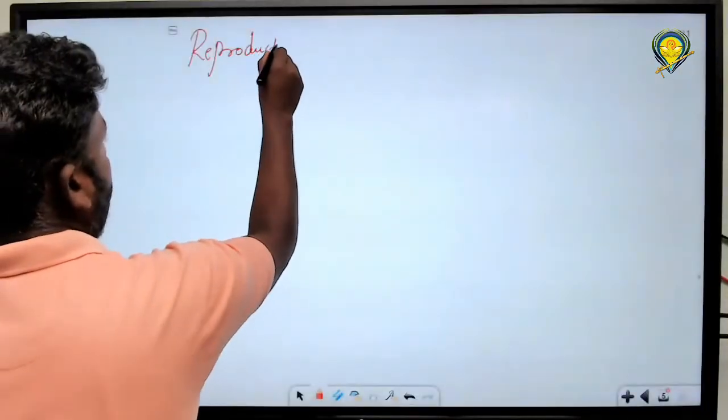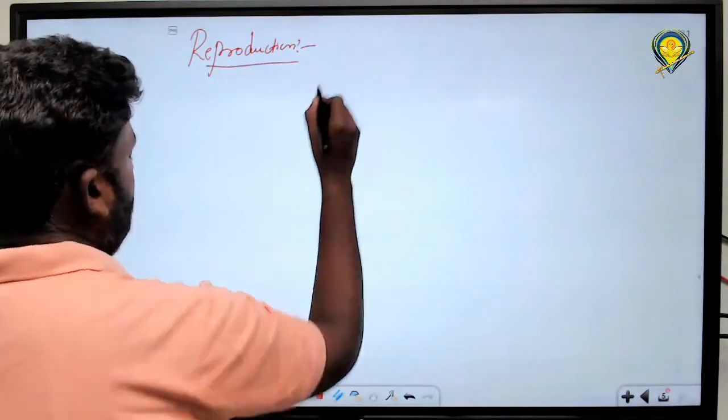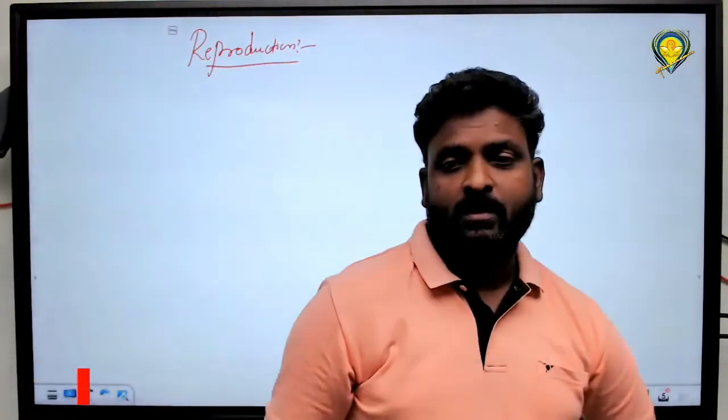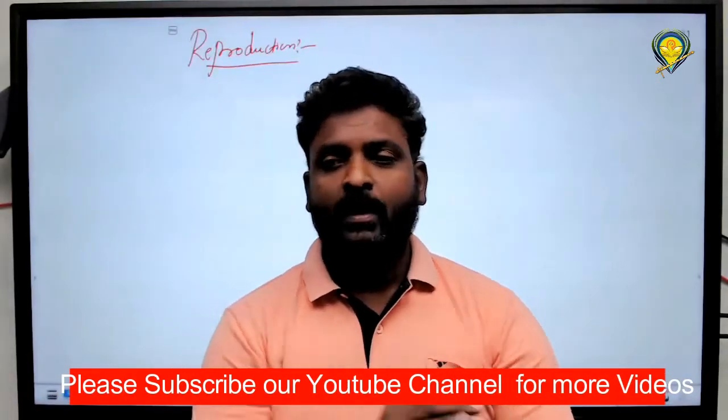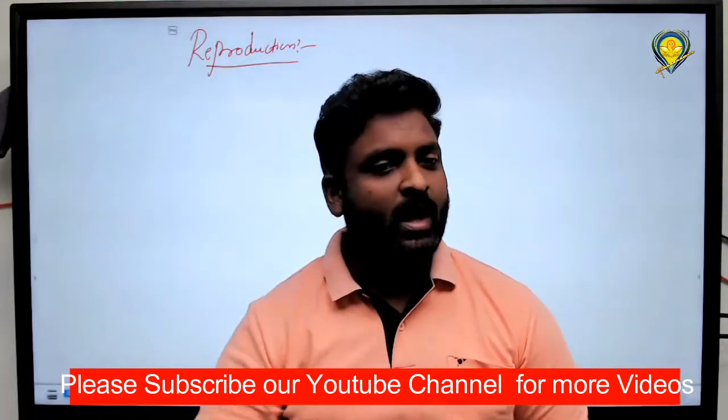And next one, after nervous system, is reproduction. Please write it, all of you. You know very well about reproduction. Sexes are not separate, meaning they are hermaphrodite, bisexual or monoecious.